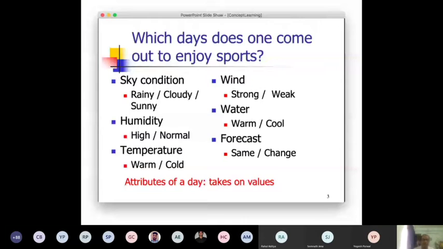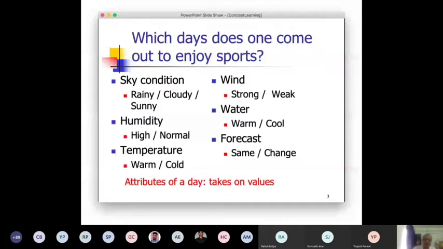We assume only one of these values is true for any attribute. Humidity could be high or normal. Temperature could be warm or cold. Wind strong or weak. Forecast could be the same for the next day, or it may change. Water could be warm or cool. I found it a bit funny that this is also an attribute for the day, but it is there.